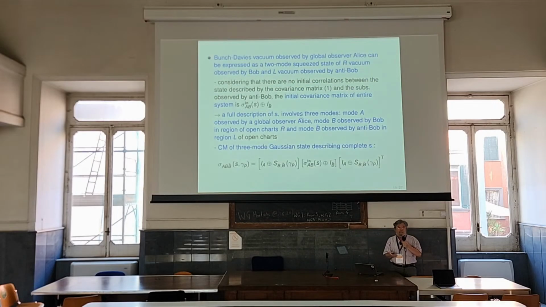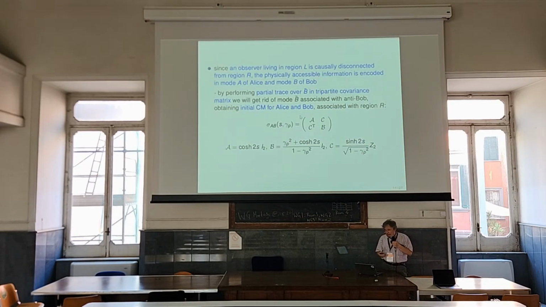And so we can write analytically the covariance matrix of the three observers, and having in mind that region R and region L are causally disconnected, we have to trace out the unphysical mode, namely the anti-Bob. And so we obtain a physical covariance matrix describing the two modes, Alice and Bob.